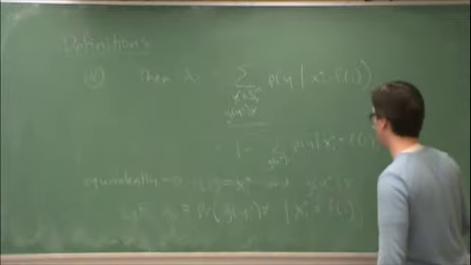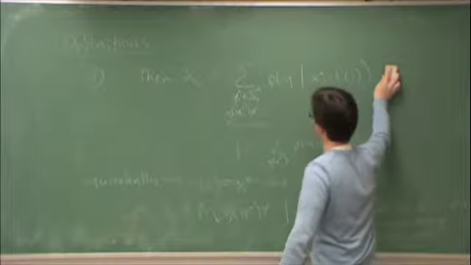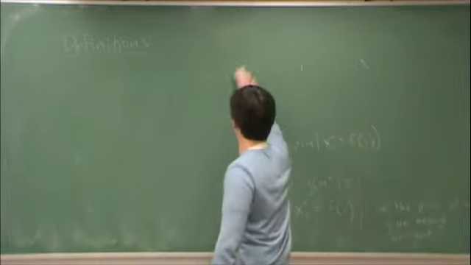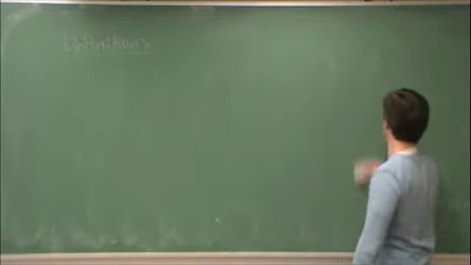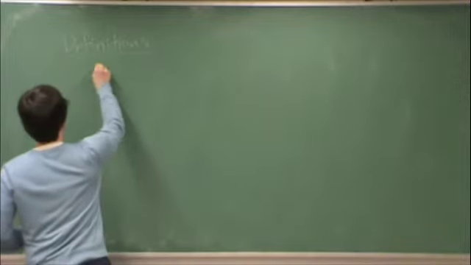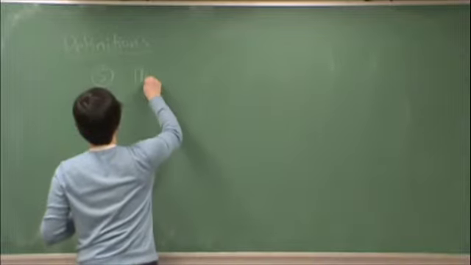So, given error probability, there are two special error probabilities that we're going to need. First one is the maximal error probability.